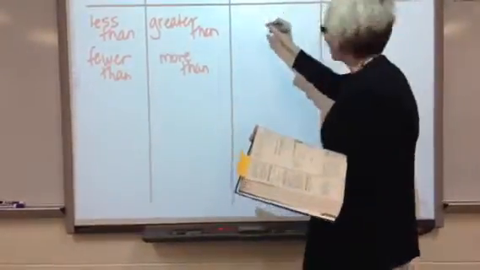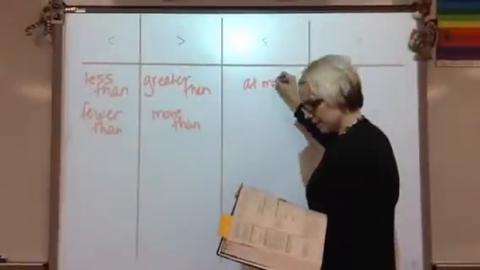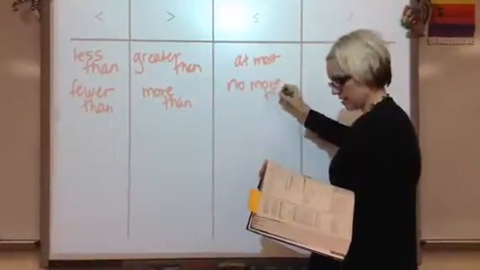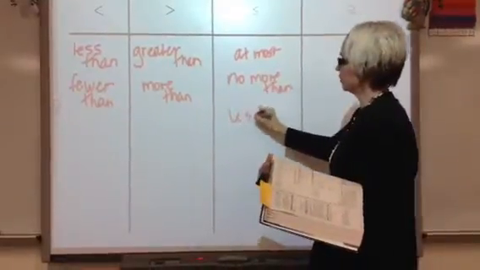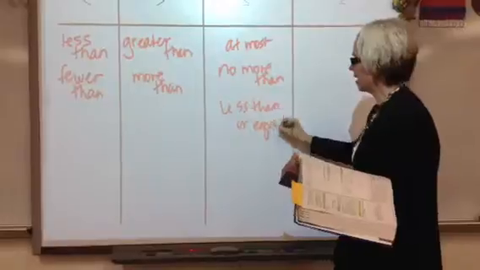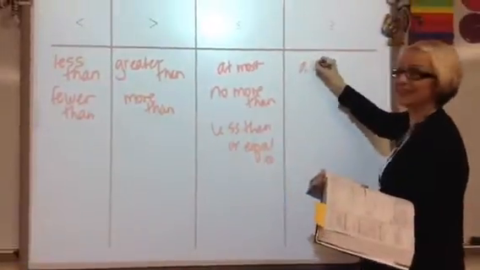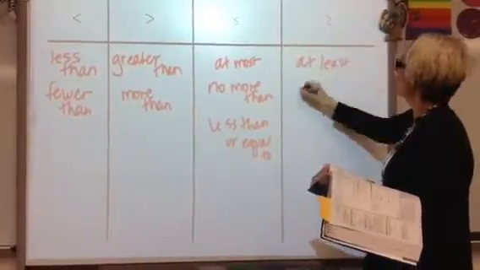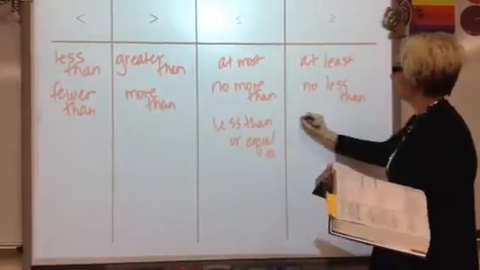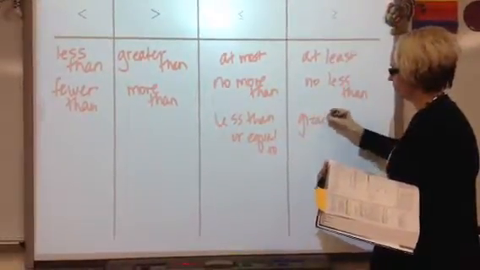This you're going to see as at most, no more than, or less than or equal to. And finally, you're going to see here, this is at least, no less than, and greater than or equal to.